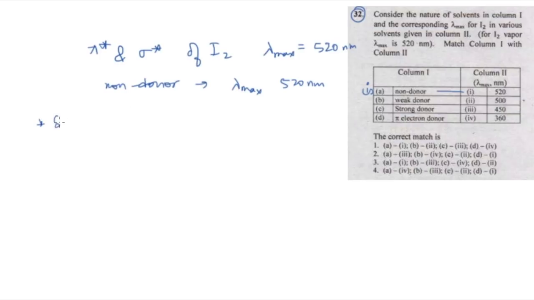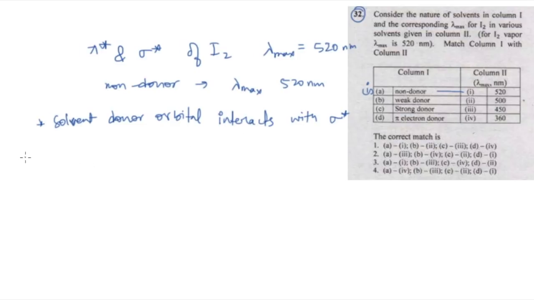Remember this thing, whatever I am writing: solvent donor orbitals interact with the sigma star orbital of your iodine molecule, and the result is that the energy difference between the sigma star and pi star becomes higher.